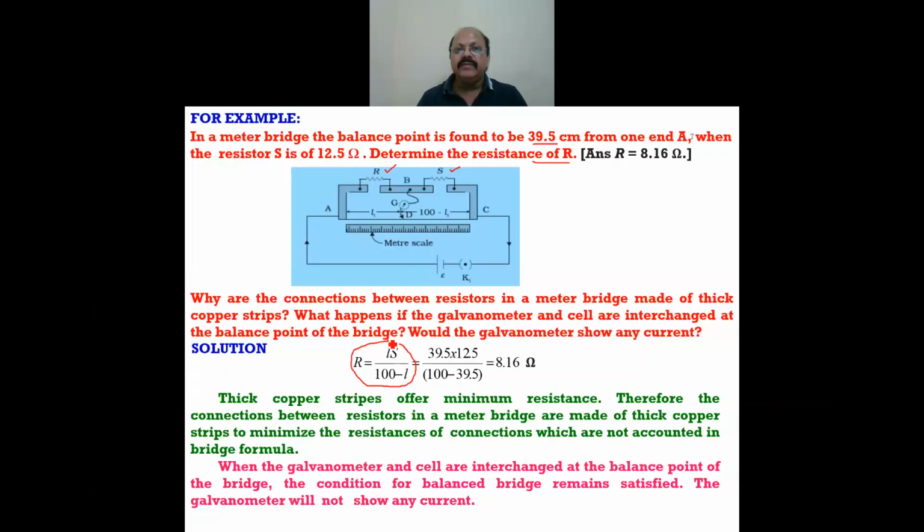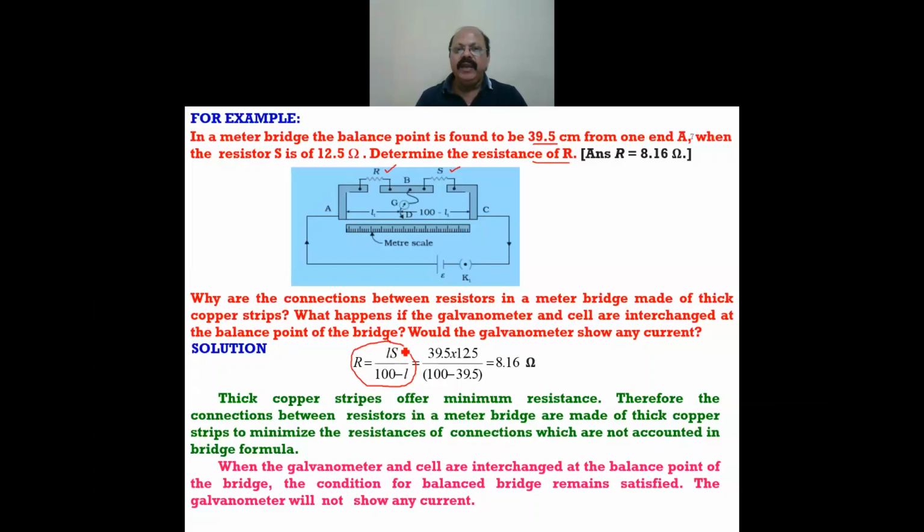If the value of R is given and S is asked, then in that condition the formula is S equal to (100 minus L) upon L into R. But here the value of S is given and you have to find out R. That's why the formula is R equal to L upon 100 minus L into S.